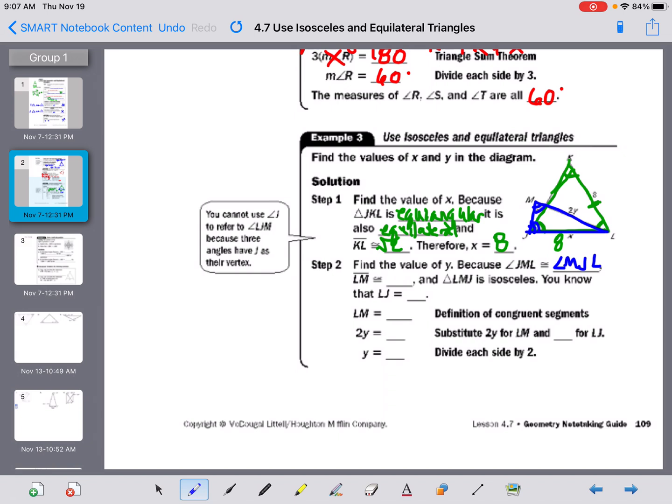Those two are congruent. So that means if I have 2 angles congruent, I have 2 sides congruent. So I follow those sides. 2y there is going to be the same as x, right? So LM is the same as LJ. LM is 2y and LJ is x, which is also 8, right? So y is going to equal 4 because those two sides are equal. 8 equals 2y, y equals 4.